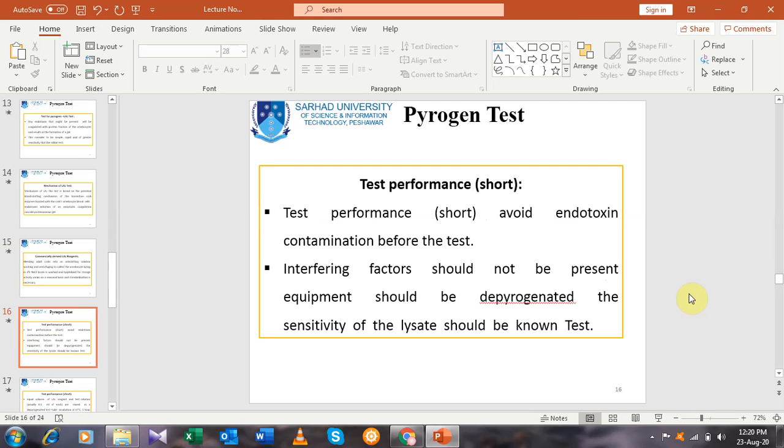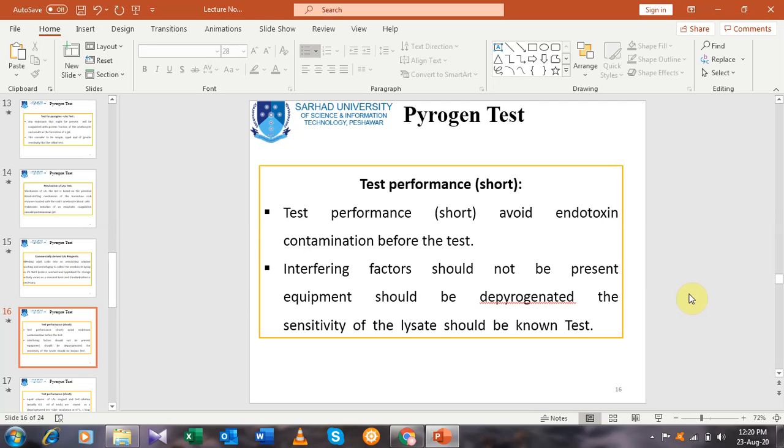The test performance, that is how we will perform the LAL reagent test. In short, avoid endotoxin contamination before the test. If we are going to test and we are not properly following the standard operating procedure, then before the testing procedure starts, endotoxin may enter the testing solution.